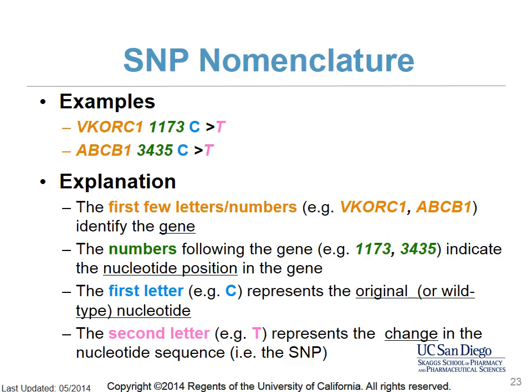In these examples, the nucleotide positions are 1173 and 3435. The next letter indicates the original or wild-type nucleotide at that position. The last letter indicates the variant nucleotide, which has replaced the original one. In both of our examples, the original nucleotide, C, was replaced with a T.